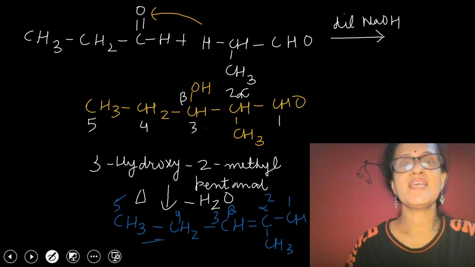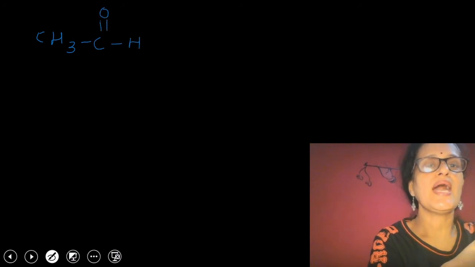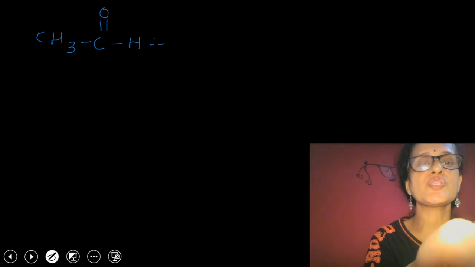Now we will see the cross-aldol products which are formed by the reaction between a molecule of ethanol and propanol. So in the first case I am writing ethanol first. So ethanol is CH3, single bond C, single bond H, double bond O. And the second will be propanol. So propanol I will write exactly in the same way as I have written in the previous case.